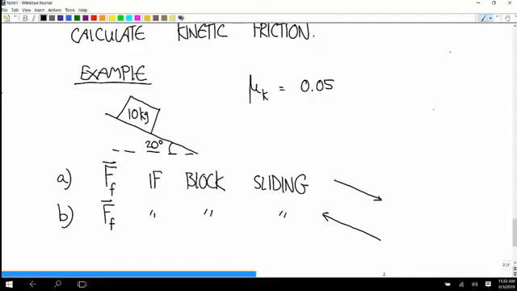Before I go into these calculations, what are the forces acting? There's just a normal force and a weight force. How is B even possible? How could it possibly be sliding up the incline? We know there's no force going up right now, but the velocity doesn't care about the forces happening right now. Velocity only cares about the forces that happened in the past.